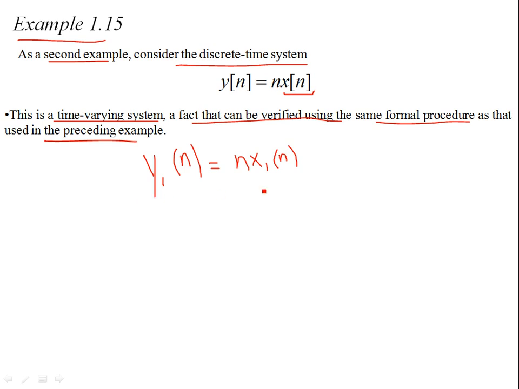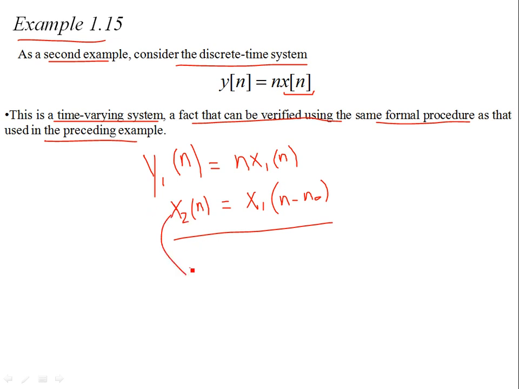So this is my output in response to x1. Now I introduce another input x2[n], which by the same procedure that we discussed in the previous example is the delayed version of the original input, x1[n minus n naught]. So x1 and x2 are my arbitrary inputs; we are only assuming that x2 is the shifted or delayed version of x1. Nothing more to that.